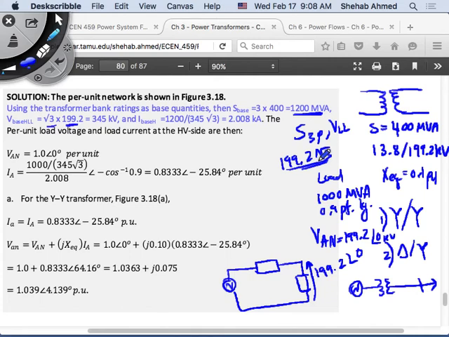To draw my single phase equivalent circuit, I use my single phase voltage base to find the per unit voltage on the load. This is my line-to-line voltage base, so what is my phase voltage base on the high voltage side? It's 199.2, which means the voltage in my single phase equivalent circuit will be 1 angle 0. This is the voltage on my load.